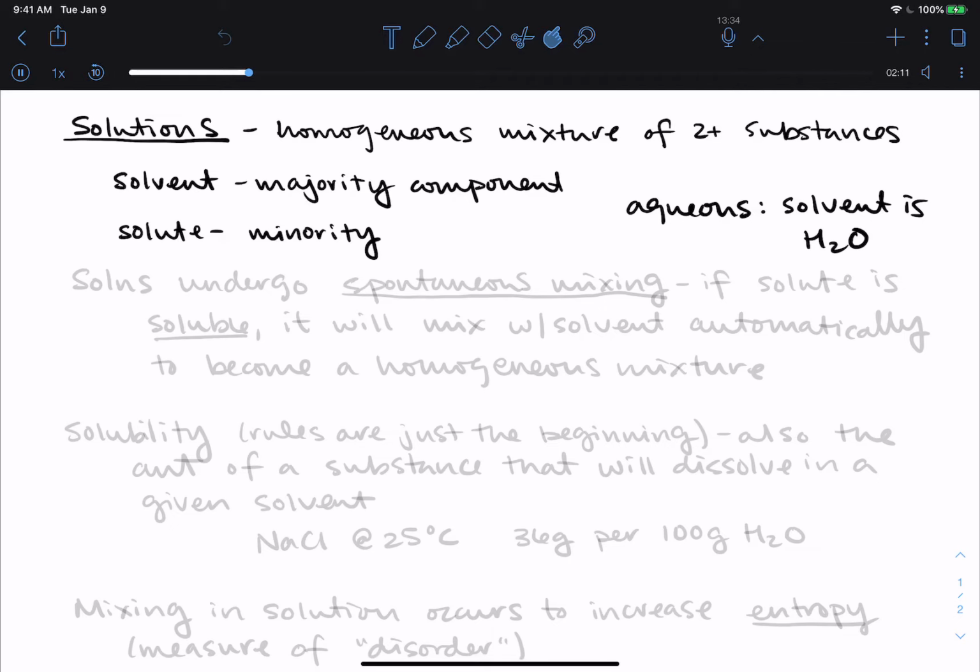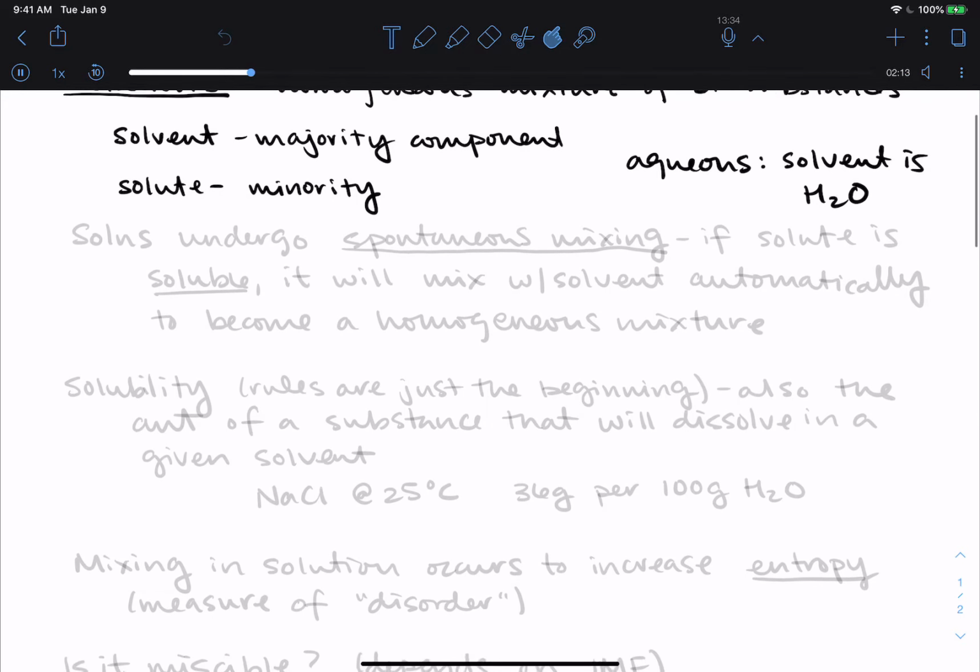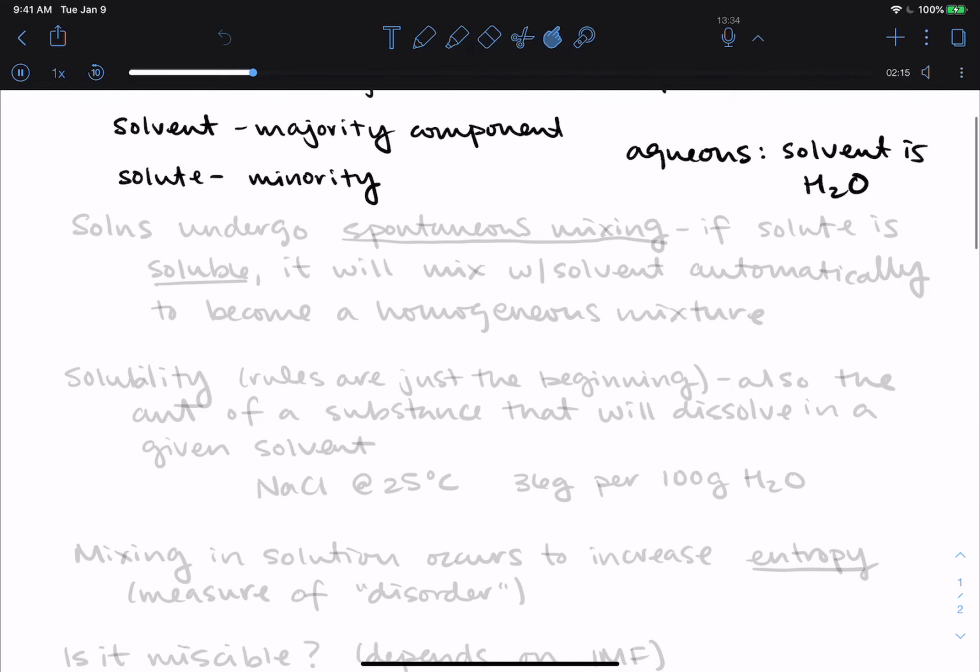All right, so something about solutions, which I'm going to abbreviate a little bit here. Solutions undergo something called spontaneous mixing.